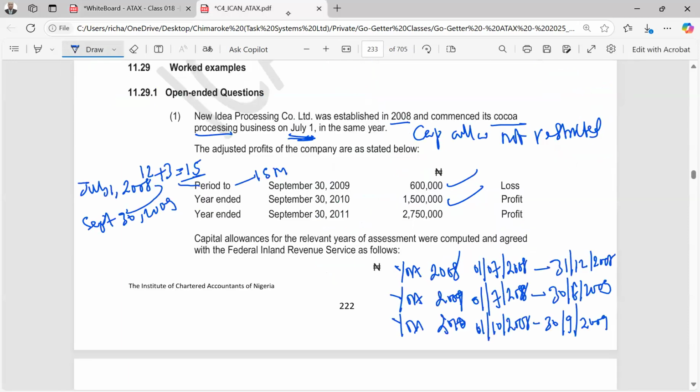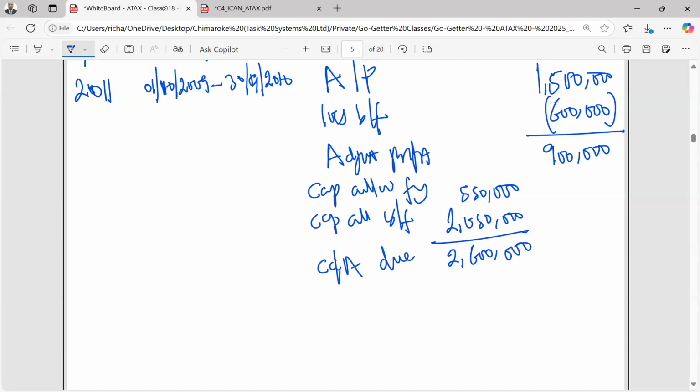Remember, I said this is a processing company. There is no restriction on capital allowance. So what are you going to do now? You are going to say your capital allowance claimed is going to give us the whole of this 900 here. So this whole 900 will be claimed here.